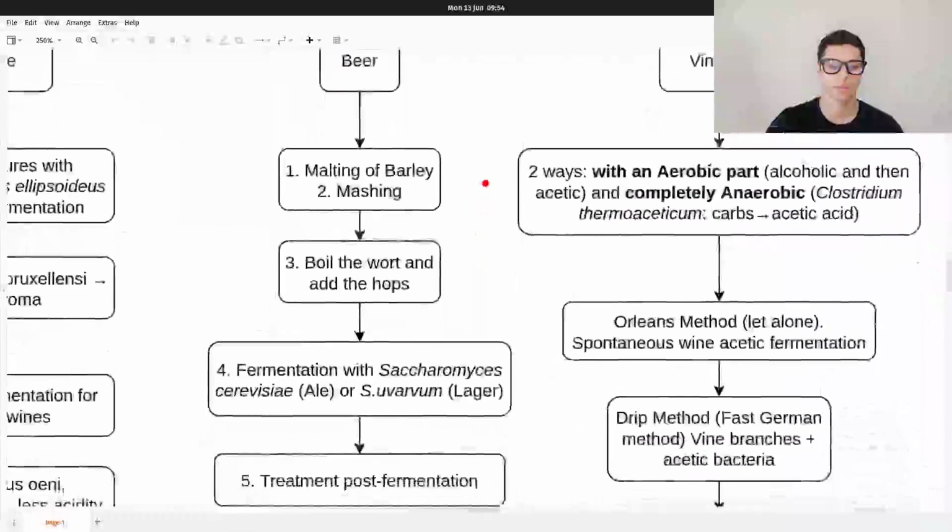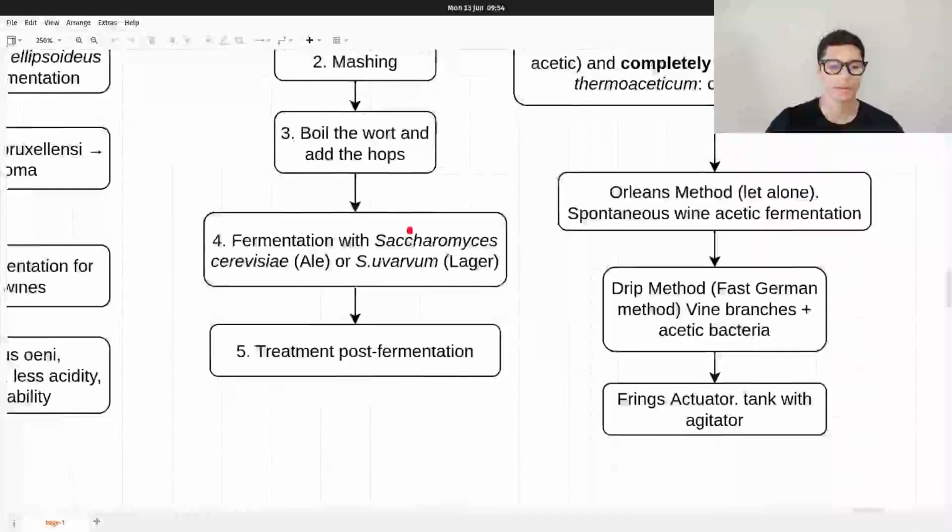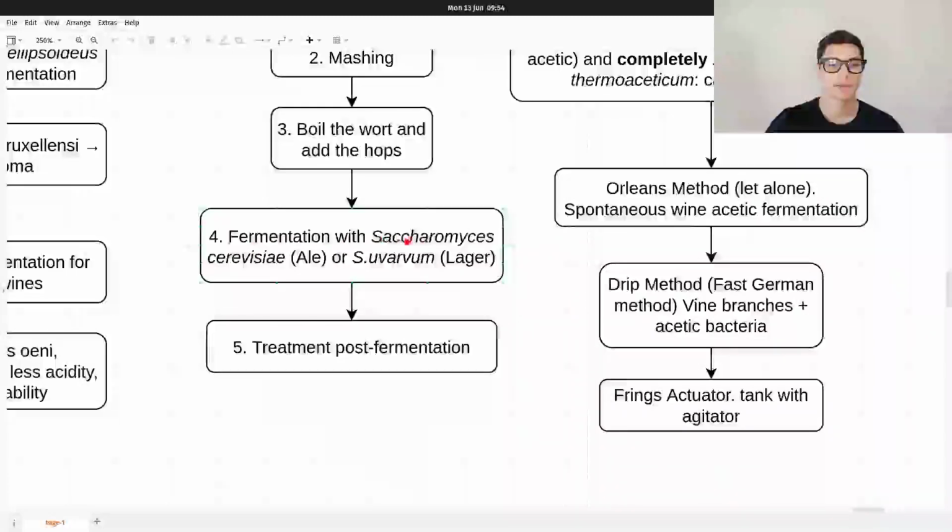The beer has five stages of creation. The malting of the barley is the first one, then the mashing, then we have to boil the wort and add the hops, and then we have the fermentation with Saccharomyces cerevisiae in the case of an ale, or Saccharomyces uvarum for the lager.